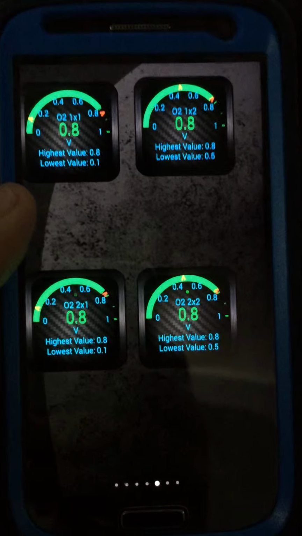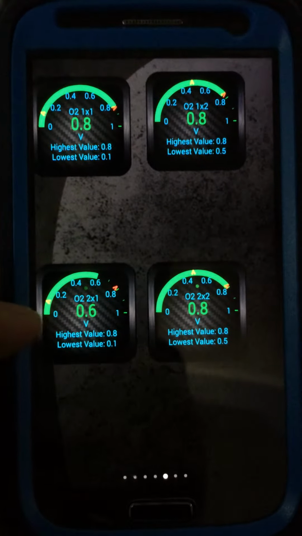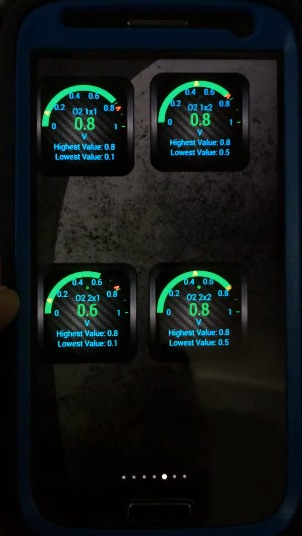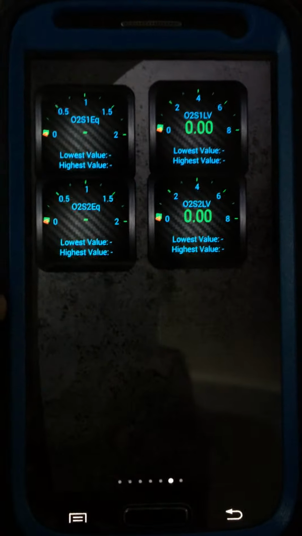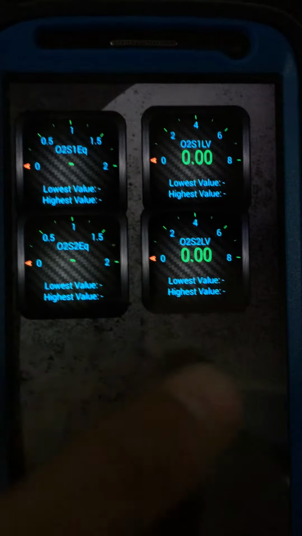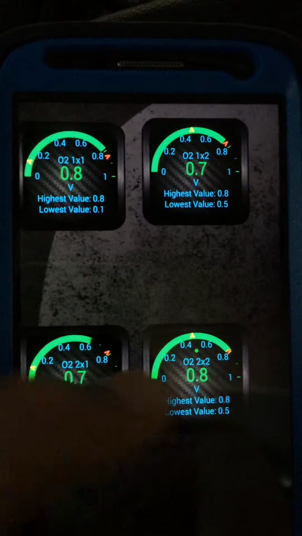This one goes directly from 0.1 to 0.8. This one hits other values in between, but stays between 0.1 and 0.8. And yeah, that's pretty much it.